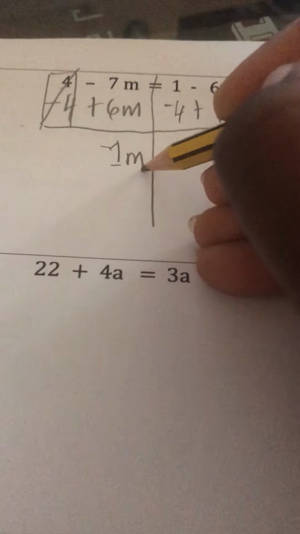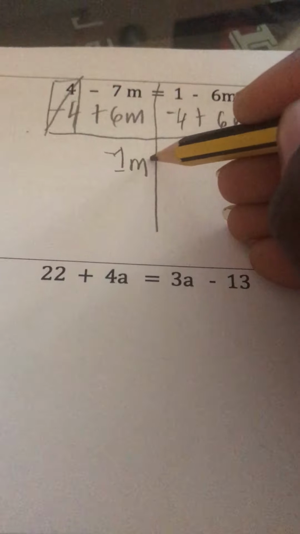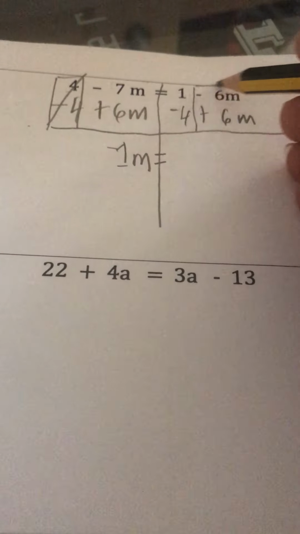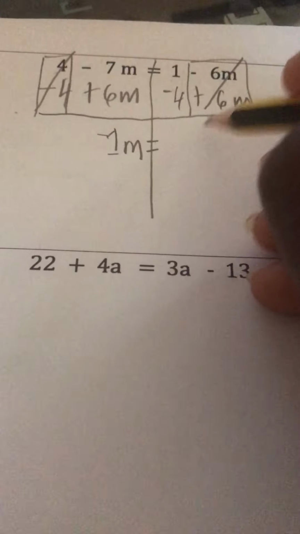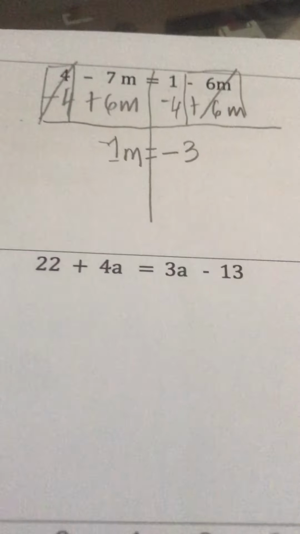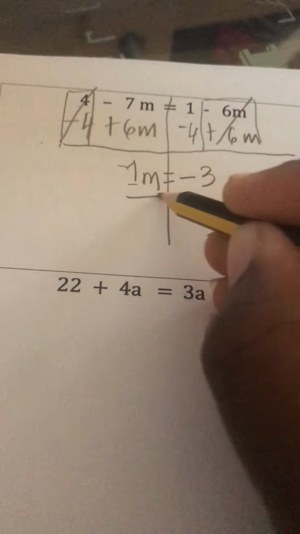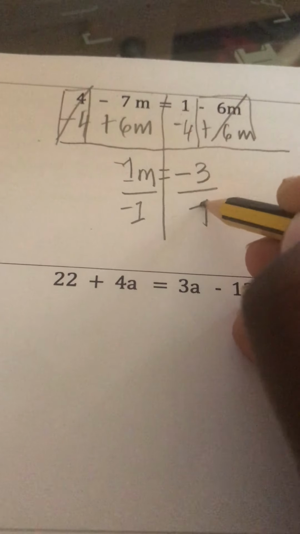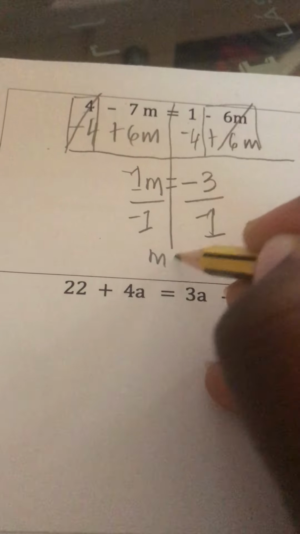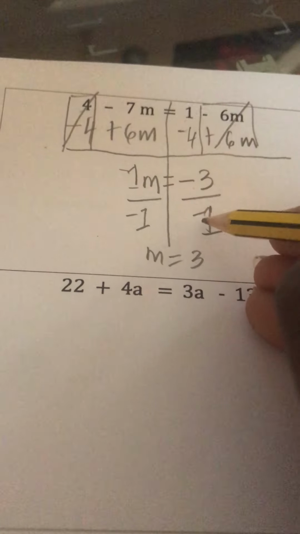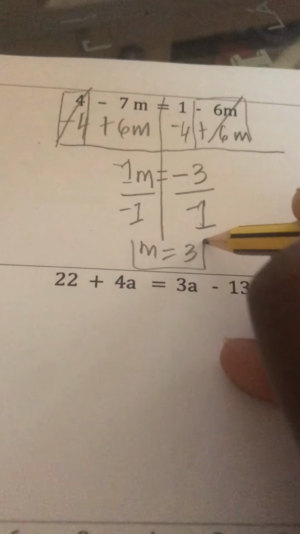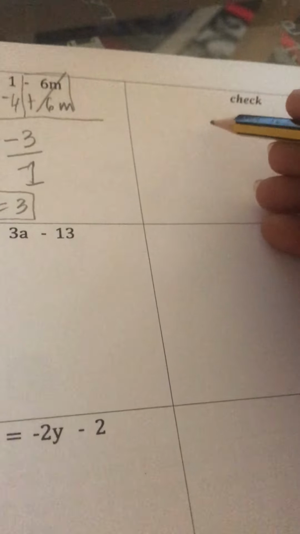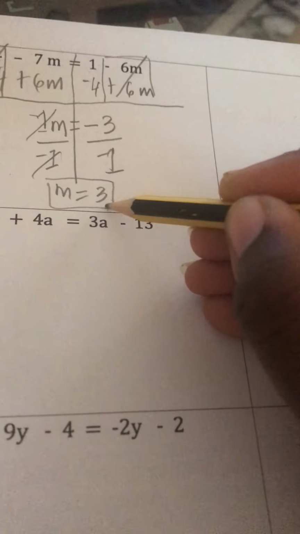Negative 1m is equal to, because this will go away to become 0, 1 minus 4 is equal to negative 3. Okay? Then I will divide both sides by negative 1. So m is equal to positive 3 because a negative divided by a negative is a positive. And that goes away. Do your check to make sure my answer is correct.